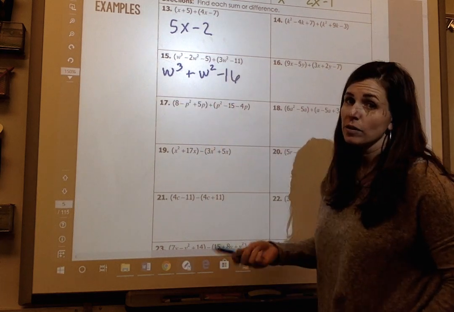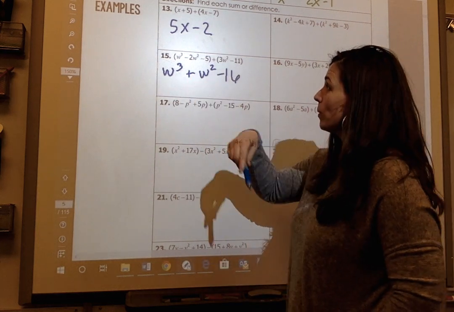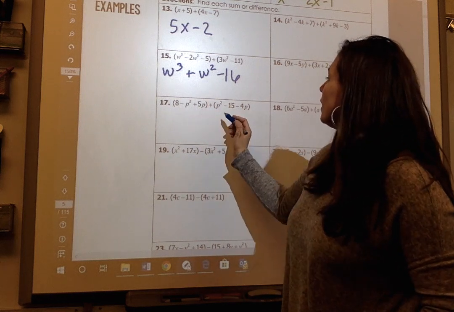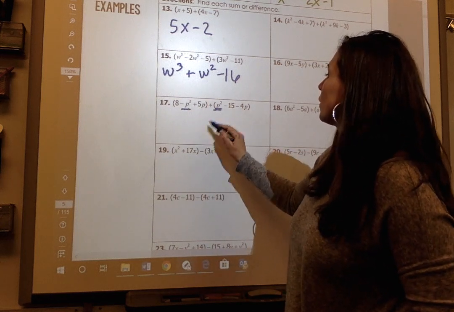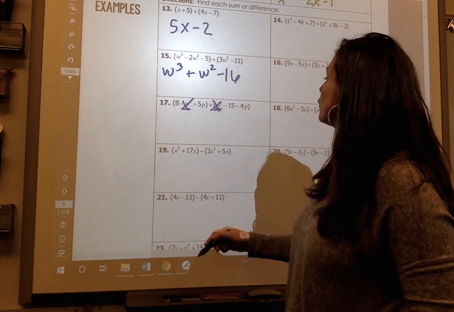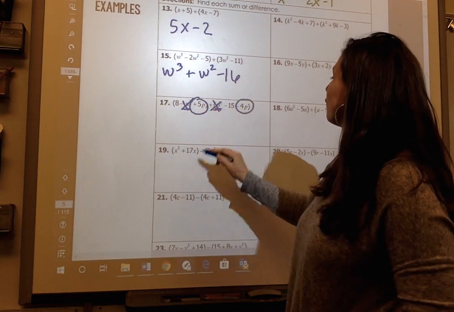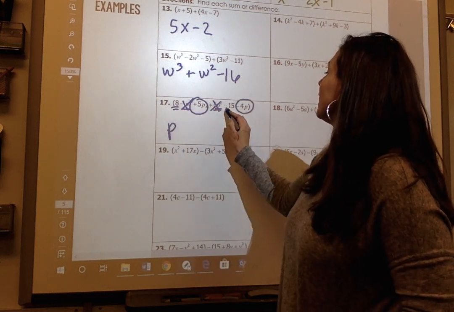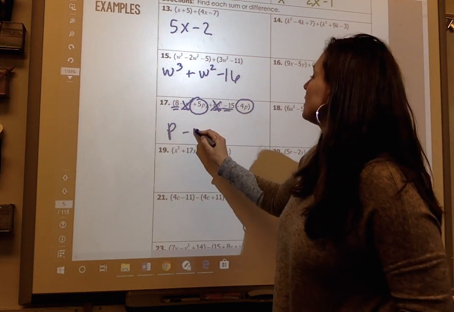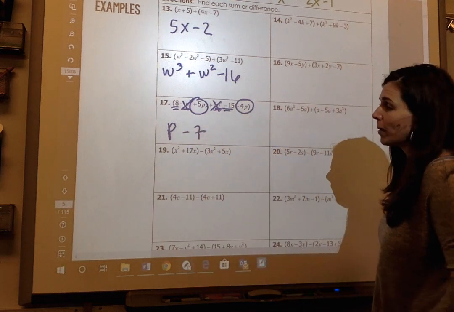That's a trinomial, a cubic trinomial. I have negative p squared and p squared, which cancels out, additive inverse. I have 5p and negative 4p, which is p, and an 8 and a negative 15 is negative 7. So that is a linear binomial.